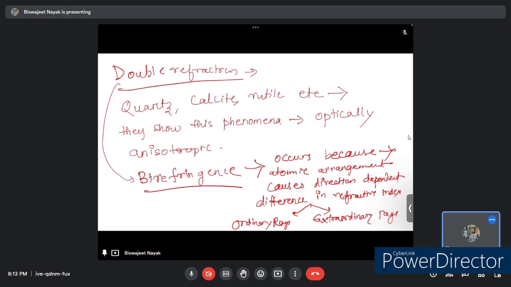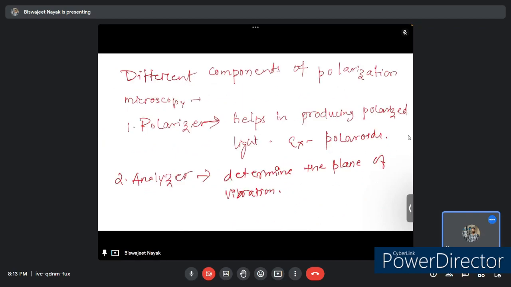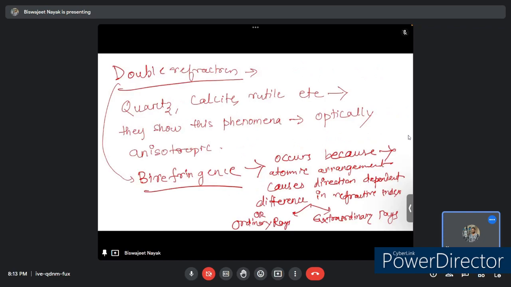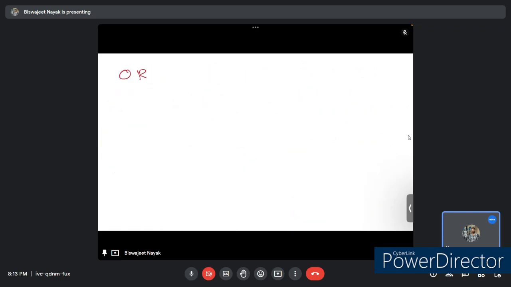So these ordinary rays, or O rays, follow the laws of normal refraction, but extraordinary rays do not follow these laws of refraction. They travel along different paths.